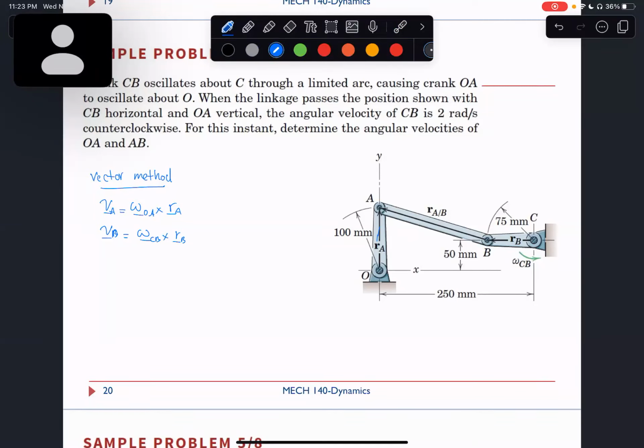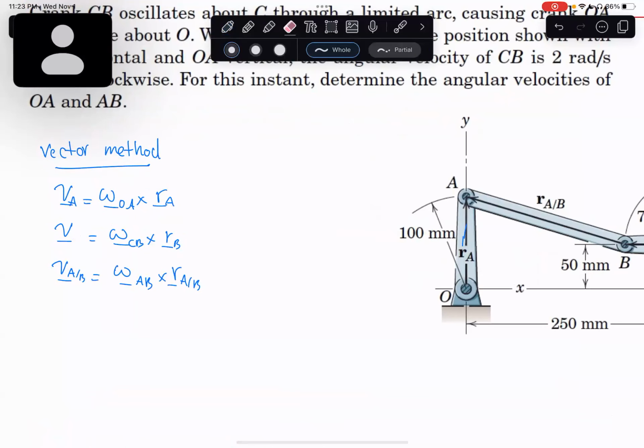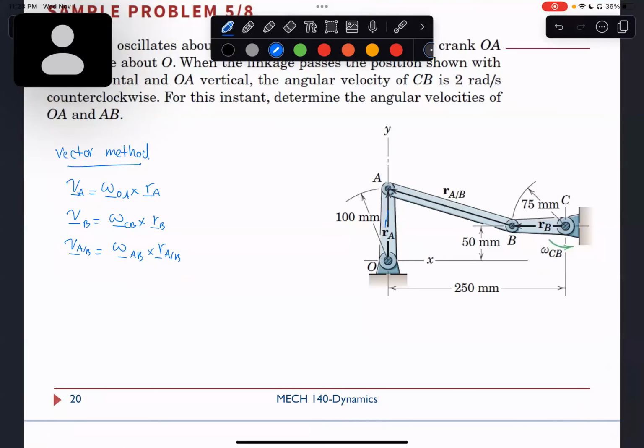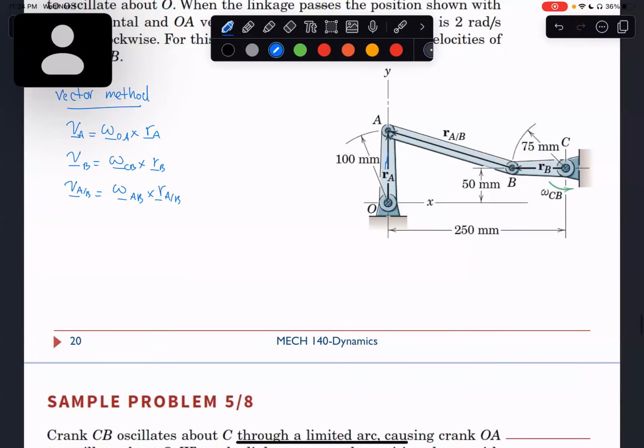Also, I know VA relative to B. If my observer is sitting on B and looking at A, the velocity of A relative to B is omega AB cross RA relative to B. Now, I know VA, VB, and VA relative to B. So what is the relationship between these three?